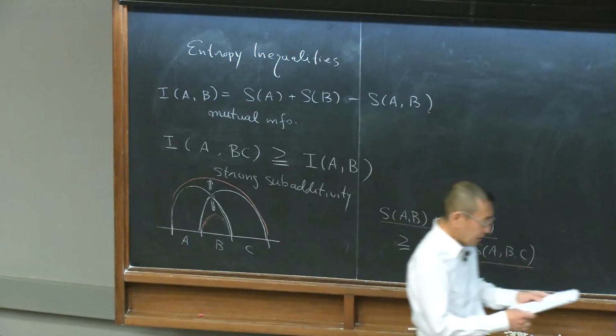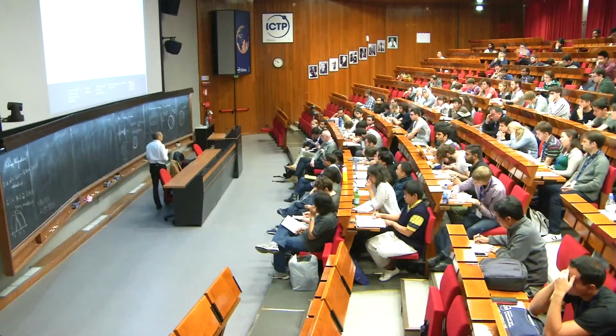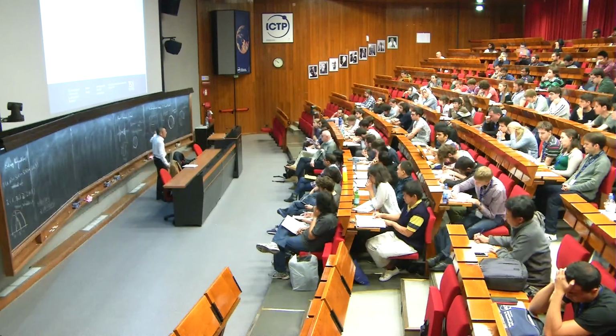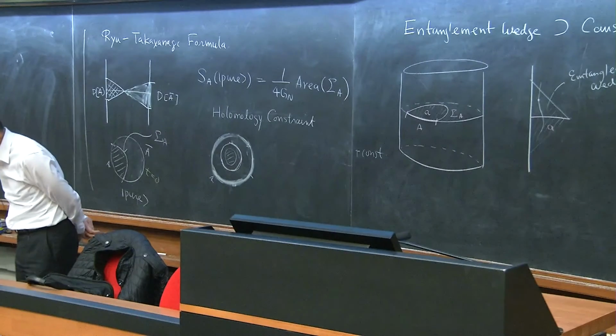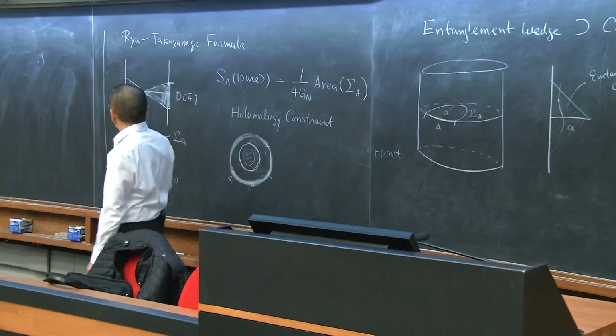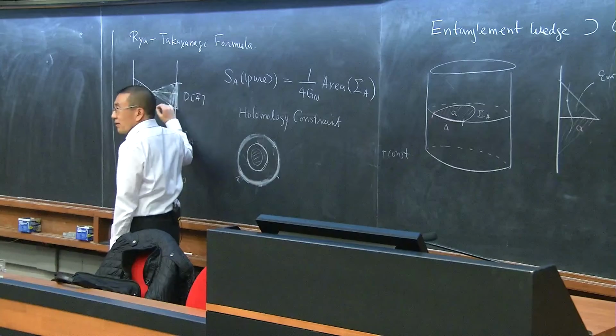So the Ryu-Takayanagi formula is supposed to be applicable for, actually I should have mentioned it, this formula was originally proposed for a static state, or more generally a state which is time symmetric under reflection along the space-like surface.